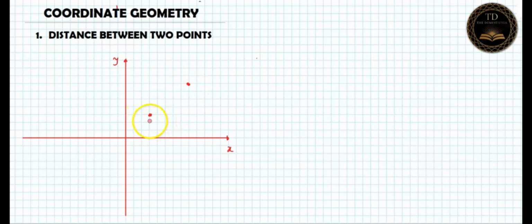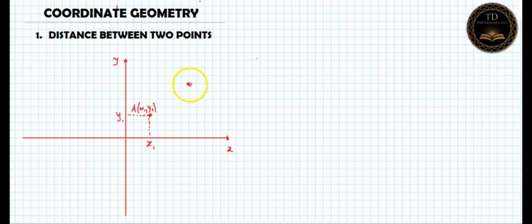Let's call the value on the x-axis x1, and here on the y-axis y1. So the coordinates of this point, let's call it point A, would be x1, y1.